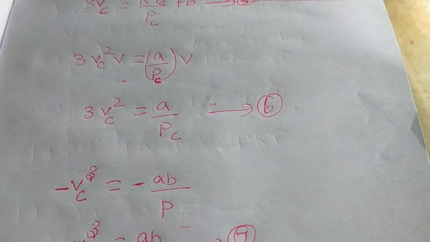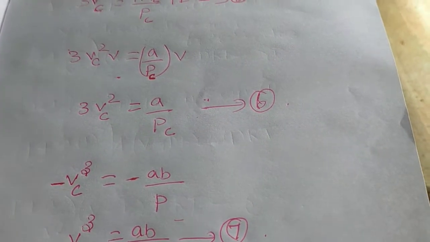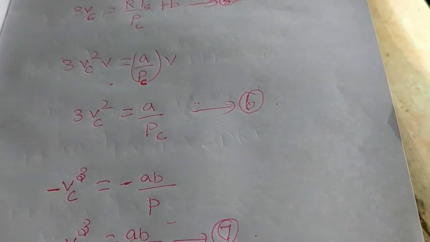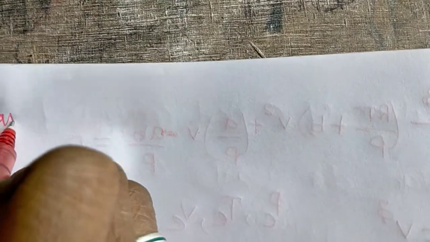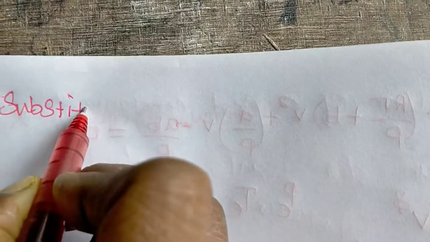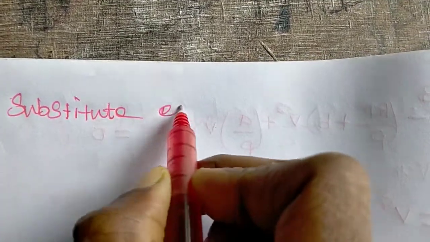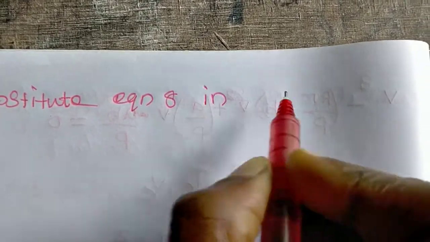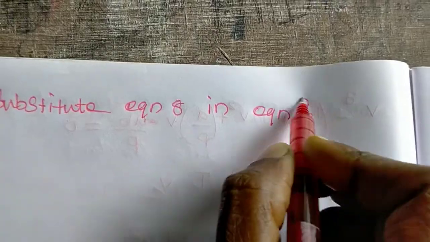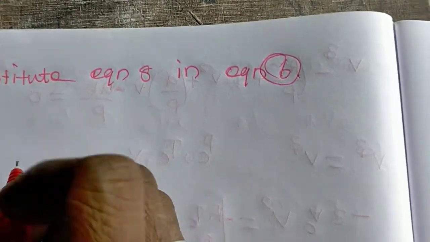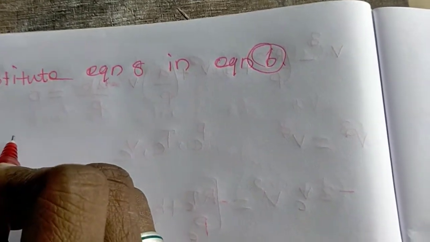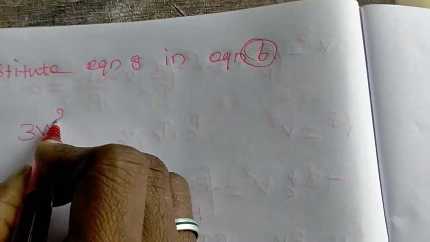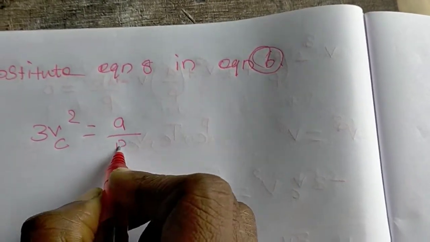A by 3VC square is equal to A by PC. Like the next line, substitute equation 8 in equation 6 to find the PC value. So first you write 3VC square is equal to A by PC.